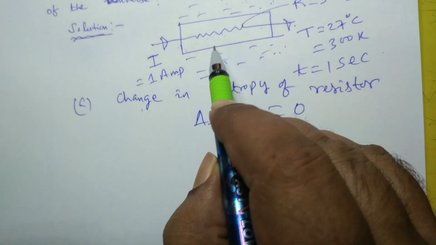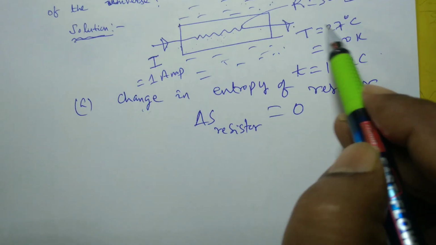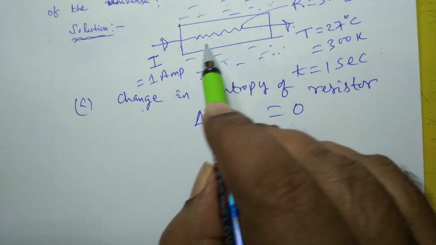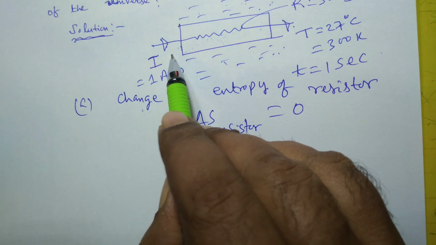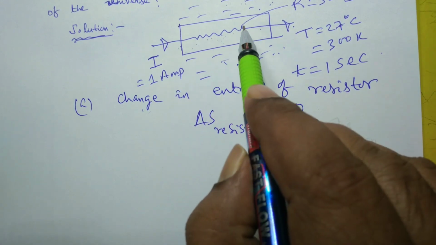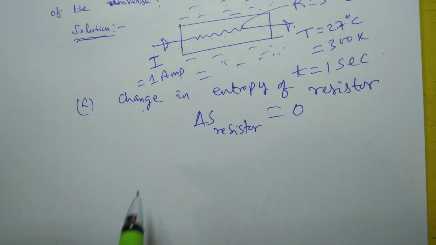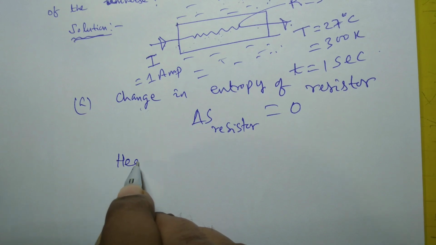The temperature of the resistor remains constant at 27 degrees Celsius because whatever heat is produced by the flow of current for a specific time period goes to the stream of cooling water. So I can say heat is absorbed by water here.